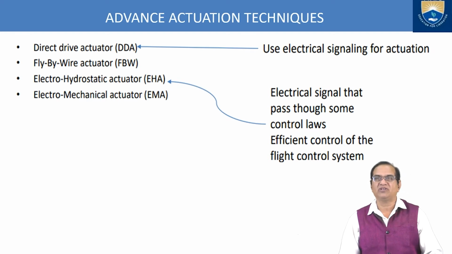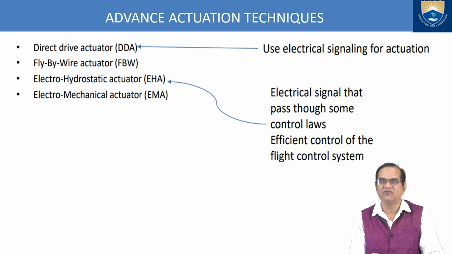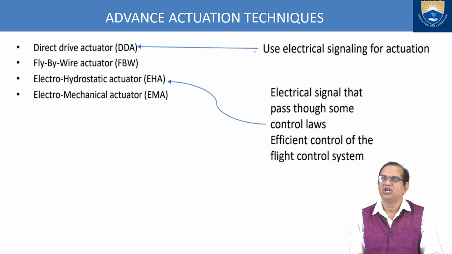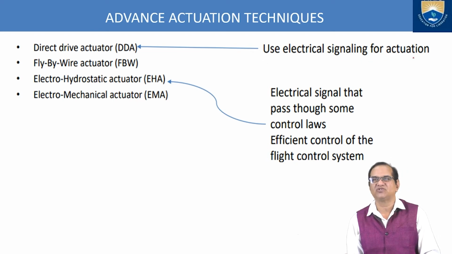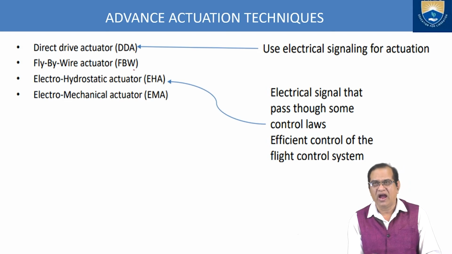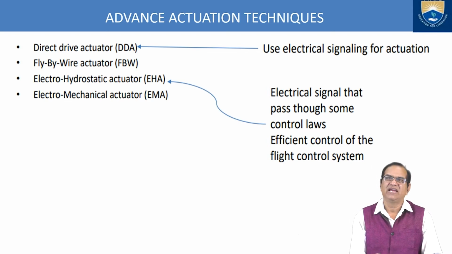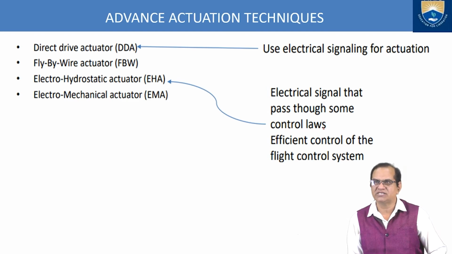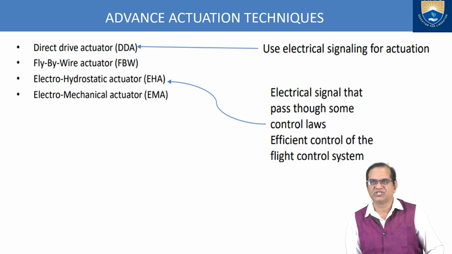Now, if we talk about the modern and advanced actuation techniques, we have the direct drive actuator, called DDA. It uses electrical signaling for actuation. Next, we have the fly-by-wire actuation, which I am going to discuss in detail. Next is the electro-hydrostatic actuator. Here, electrical signals pass through some control laws for efficient control of the flight control systems.